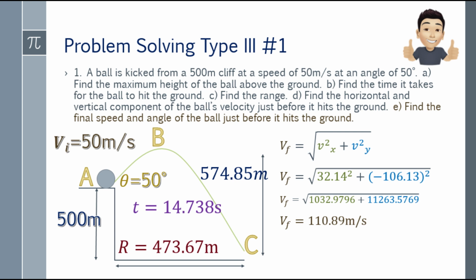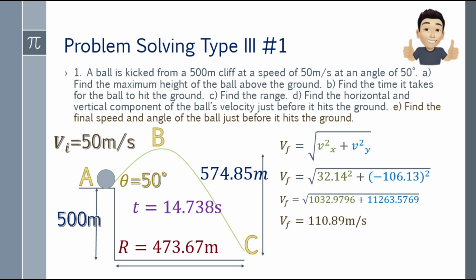So VF is equal to the square root of 1032.9796 plus 11,263.5769. Get the square root of that, and the answer will be 110.89 meters per second. So that's the final speed.